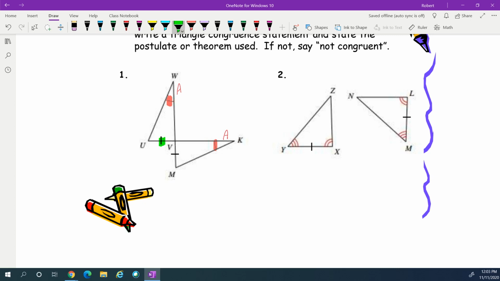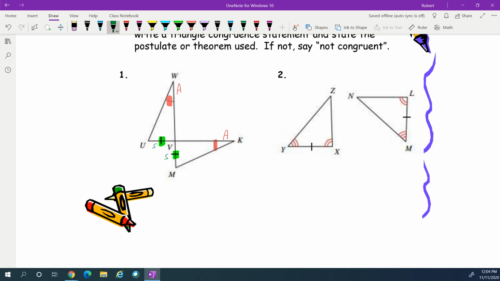We have a pair of sides. So I'm going to label those S and S. And then we go through our mental checklist. Side, side, side; side, angle, side; angle, side, angle; angle, angle, side; or hypotenuse leg. Well, we don't have enough information to pick any of them yet.